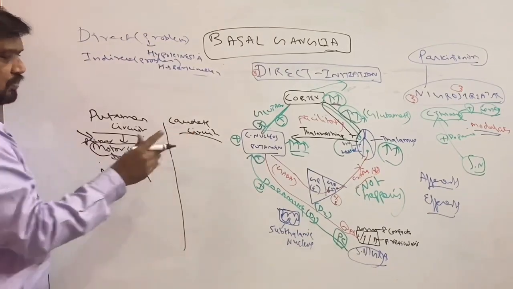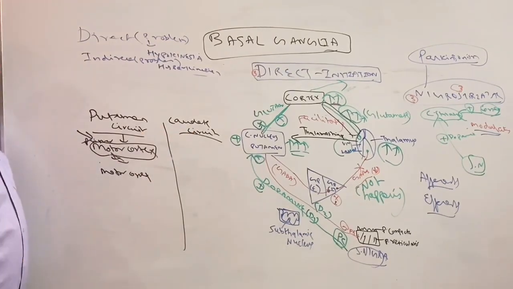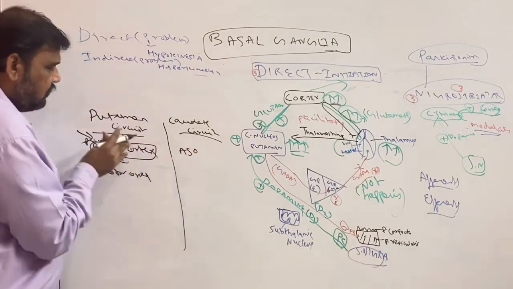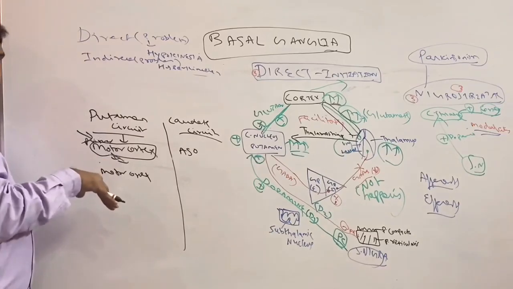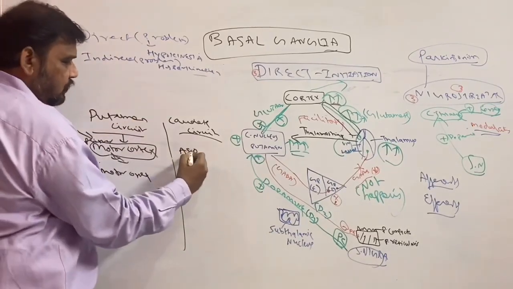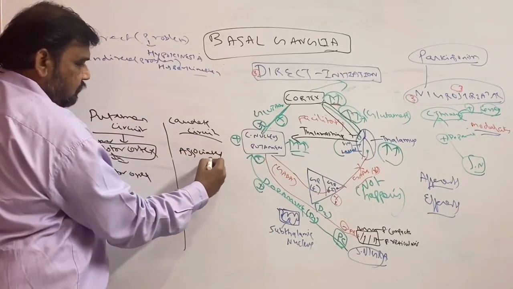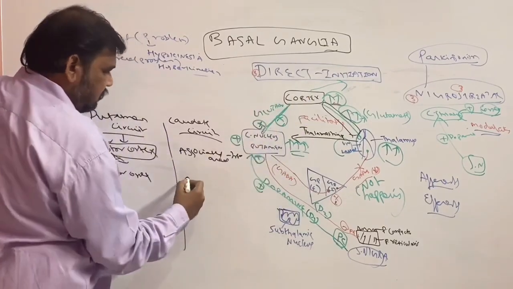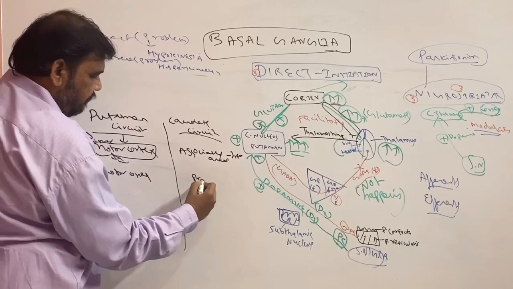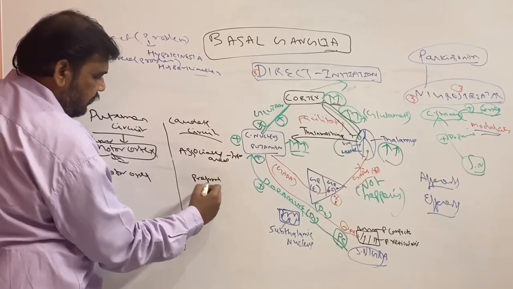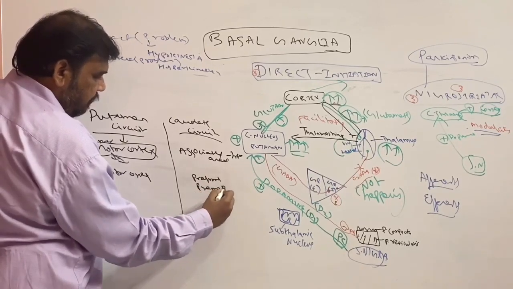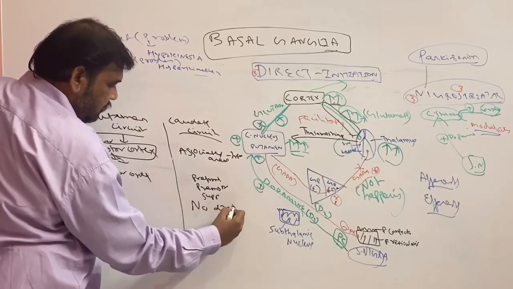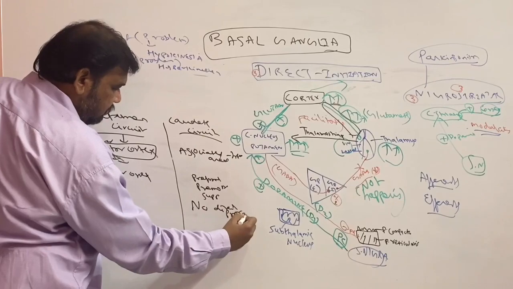Whereas in the caudate circuit, there is no direct input from the motor cortex. It is from association areas. Very important. So putamen is directly from motor cortex, and caudate circuit is from association areas input. Via the putamen circuit, it goes to the prefrontal area, premotor area, or supplementary motor area, with no direct projection to motor area.